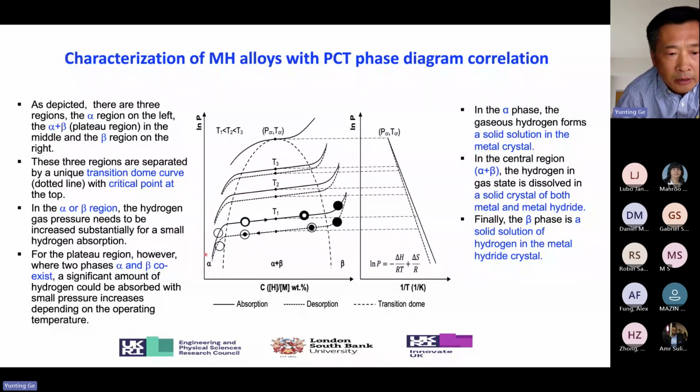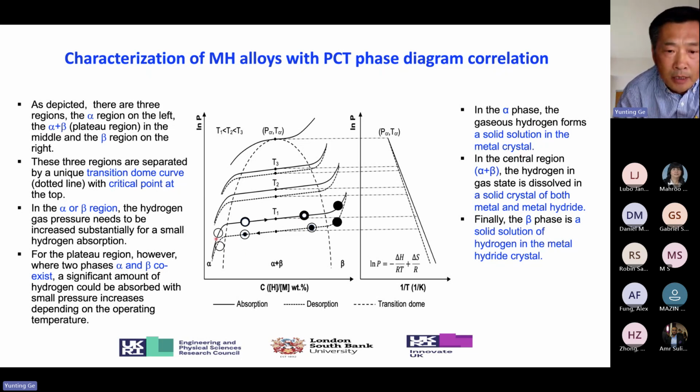Here we give them the names alpha region, alpha plus beta region, and beta region. In the alpha region, once the hydrogen gas is absorbed by the metal, it forms what we call a solid solution. The hydrogen is dissolved in the metal crystal.